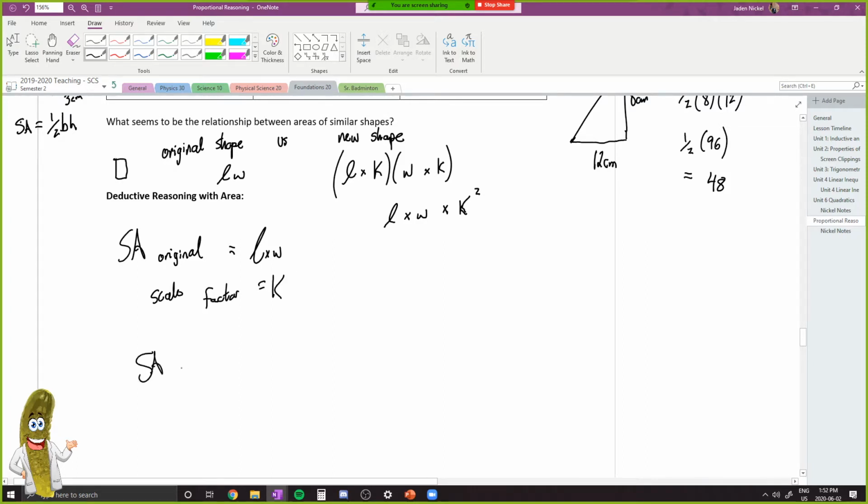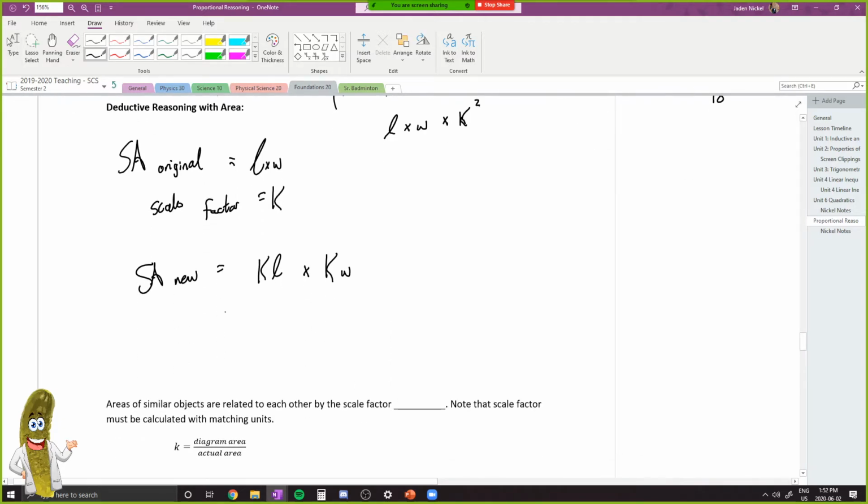In terms of calculating the new surface area, we want to do k times the length and then multiply that by k times the width. From that, we have a common term where we can factor out the k squared, and we're left with length times width in the brackets.